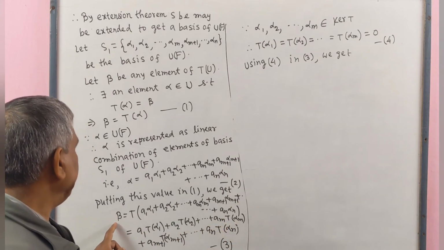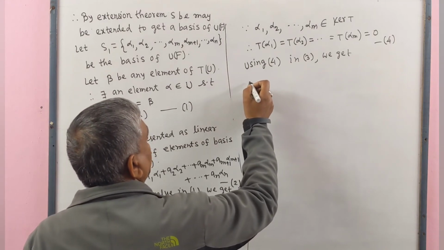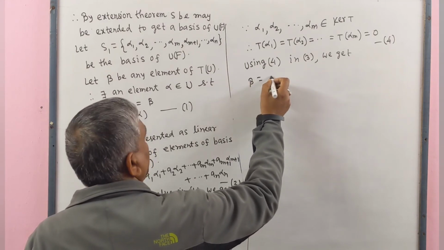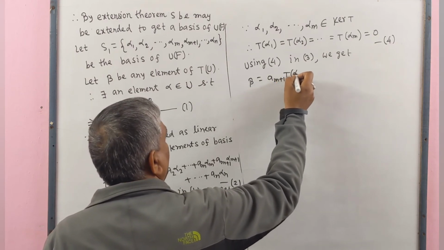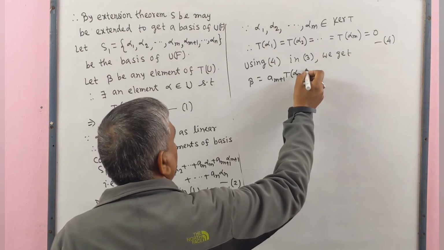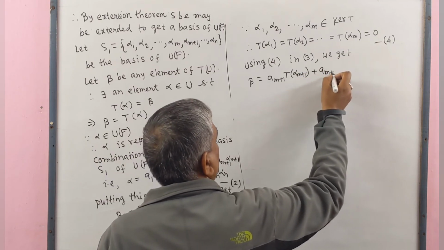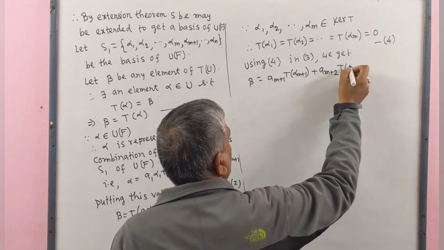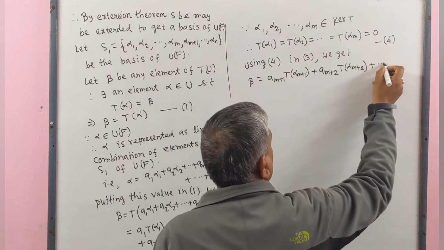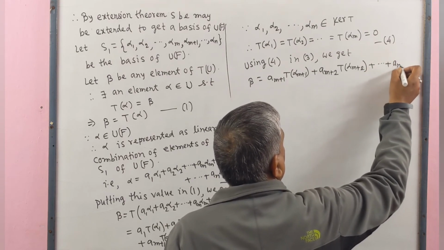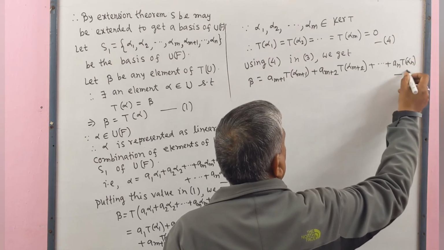That means beta equals a(m+1) T alpha (m+1) plus a(m+2) T alpha (m+2) plus ... plus an T alpha n. This is number 5.